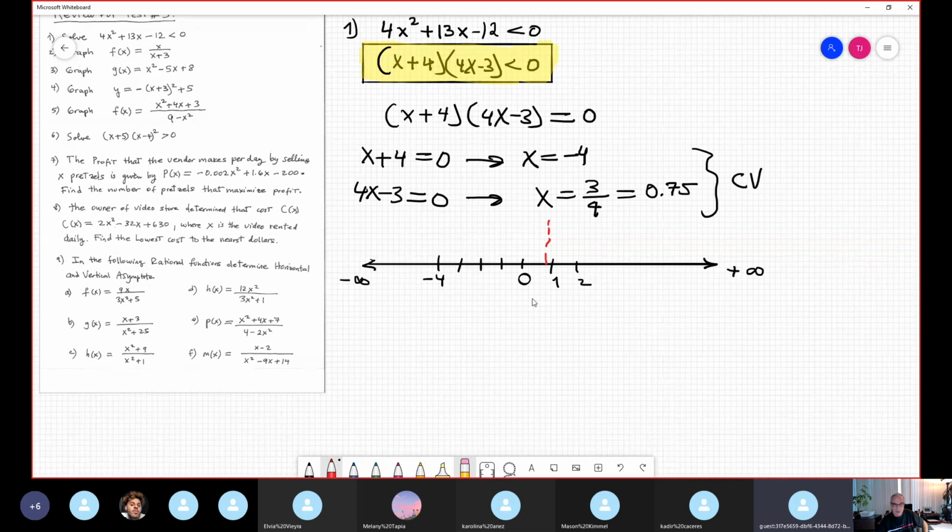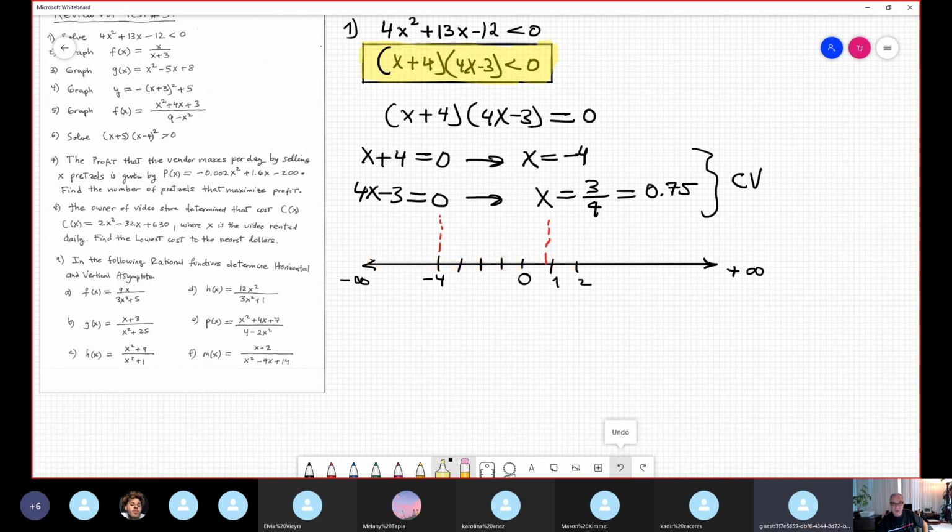I make a partition here and here. So we have basically 3 intervals: this interval, this interval, and this interval, because we have 2 critical values. So we split the number line into 3 intervals. And you pick completely arbitrary testing points.